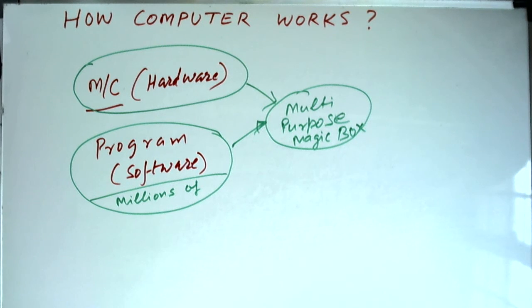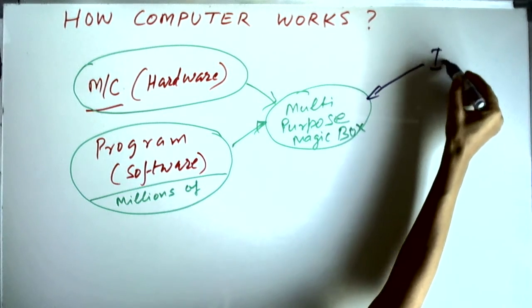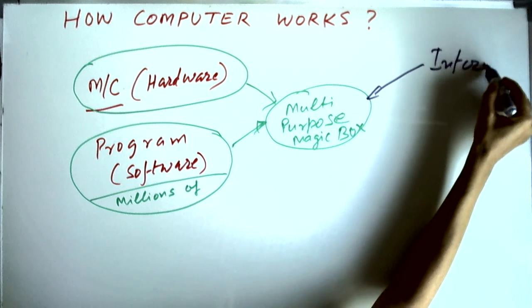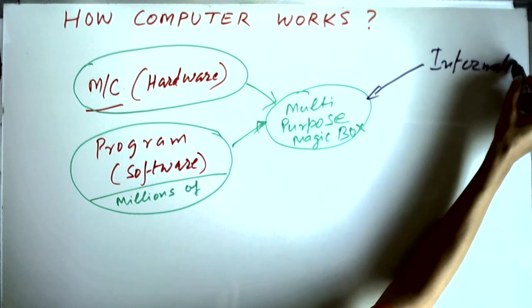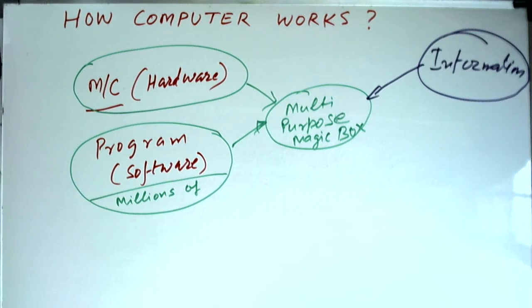The third aspect of computer is that in addition to program, people are also preparing information. And then they are sharing this information. For example, I am preparing this video and all of you will be able to share.